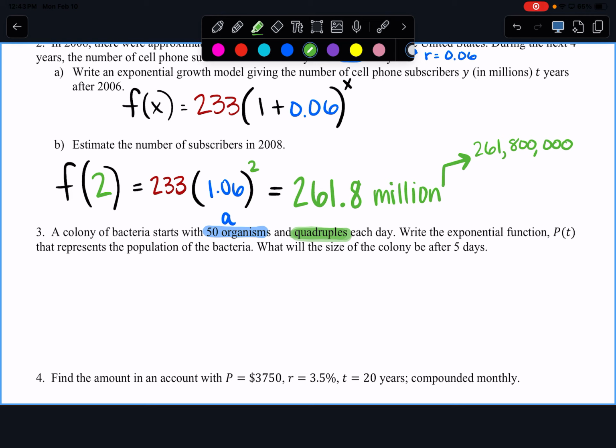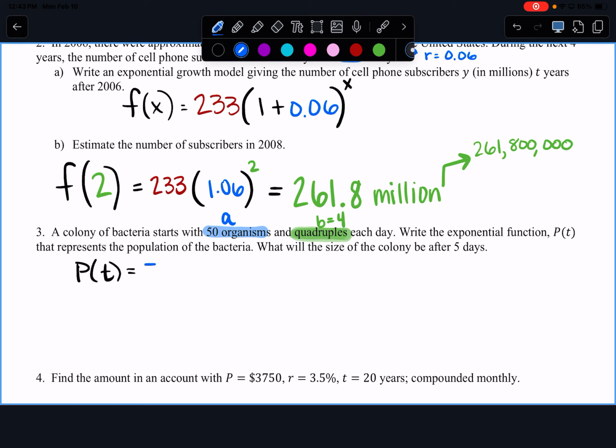So, that right there tells me that my B is, what do I have to multiply by to get the next number? What's happening to it? It's quadrupling, so that's 4. So first, let's write our equation. So we get P of T, because it tells us on this one, is equal to what? How would I write my equation?